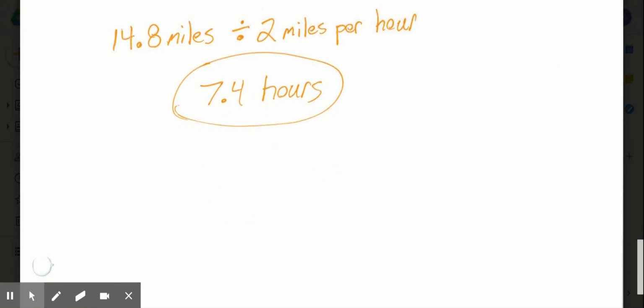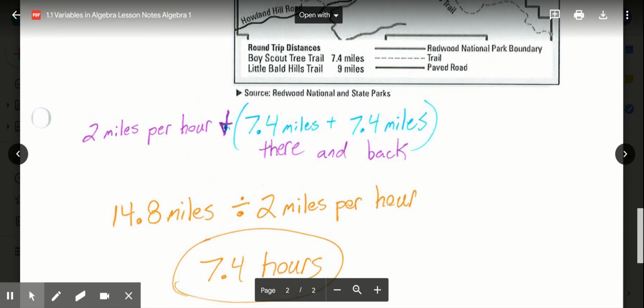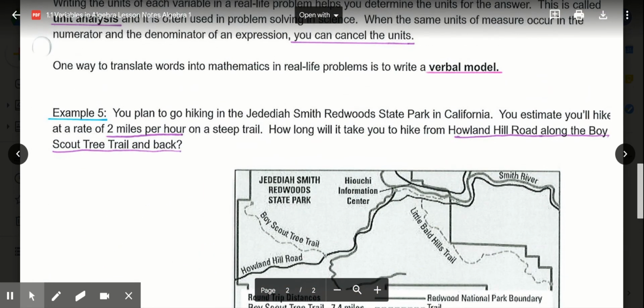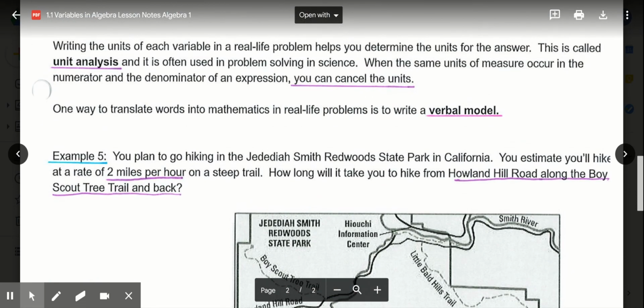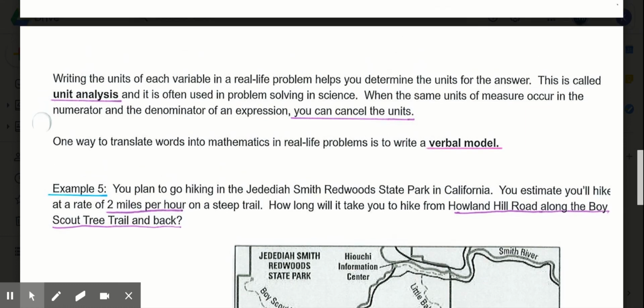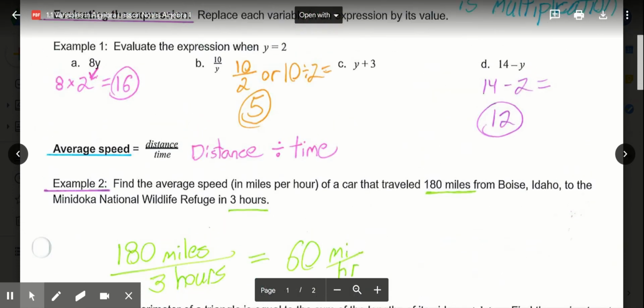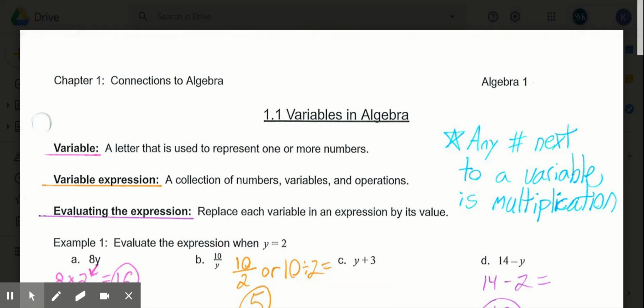Now, in class, what I plan to do is go over a couple other ideas of unit cancellation or unit analysis with you, and then you will have plenty of time to work on the practice problems. If you get stuck on the practice problems, I encourage you to look back into the lesson, because sometimes there are extra examples in the lesson introduction that I don't cover in the notes.